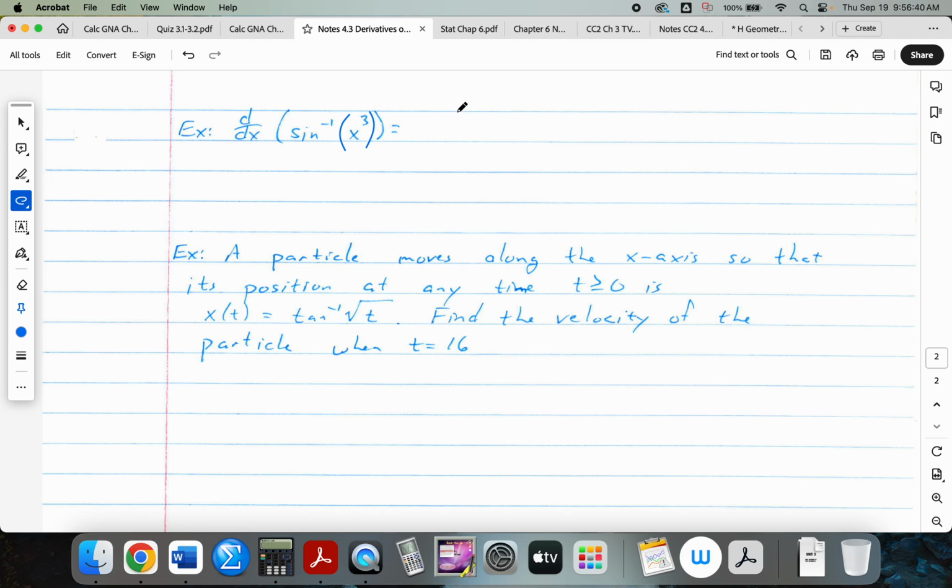So that's going to be equal to 1 over the square root of 1 minus x cubed squared, times, because of the chain rule, the derivative of x cubed, which is 3x squared. So this is going to be 3x squared over the square root of 1 minus x to the 6th.